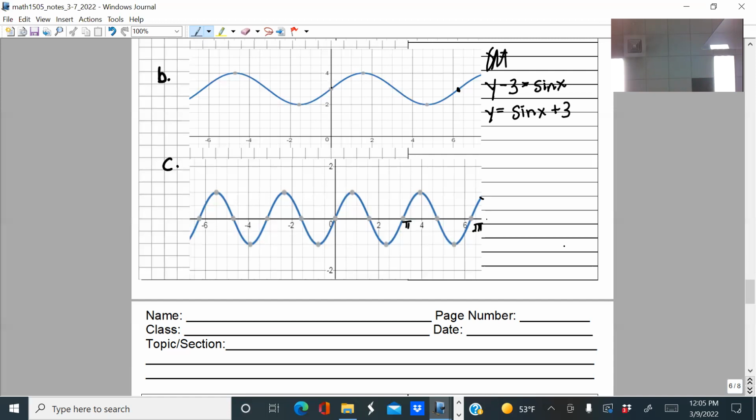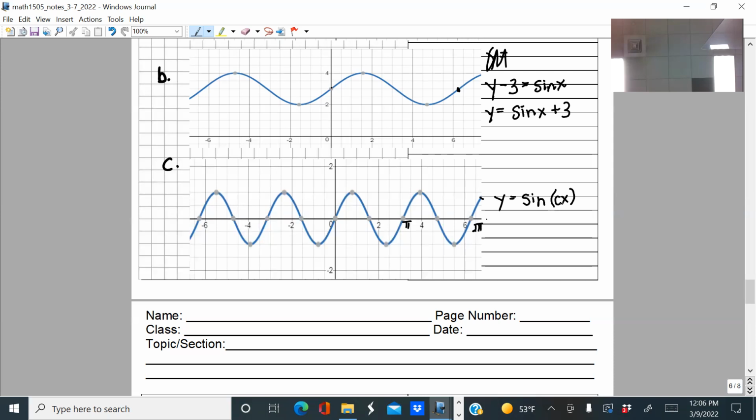So everyone sort of agreed, right, on the transformation that we're doing here? Shrink it in the horizontal direction, right? So when you shrink in the horizontal direction, how do you express that in the formula? You multiply x by something, right? So we have to have our x multiplied by something. We just have to figure out what that right constant is, correct?